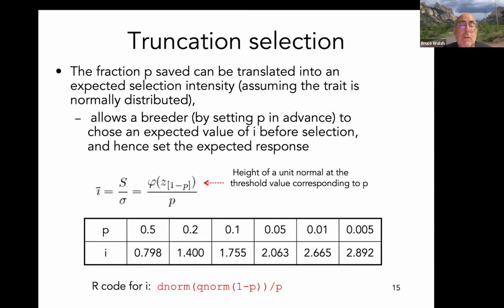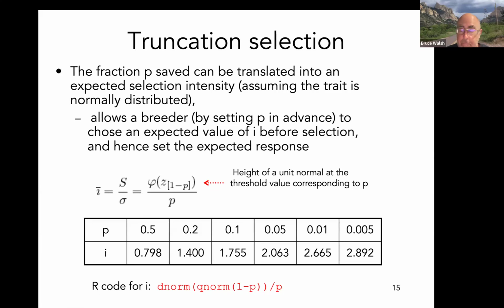Number one, it directly translates fractions saved into strength of selection. Number two, different schemes may have different phenotypic variances, and using intensities removes those effects. So one scheme may have a larger S value simply because it has a smaller variance associated with it, and the intensity is a way to remove those.